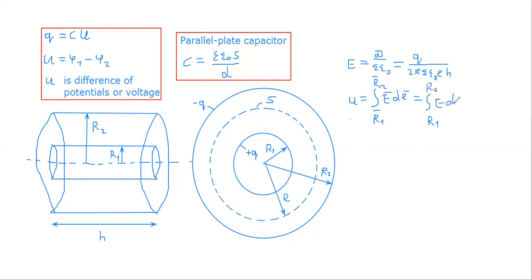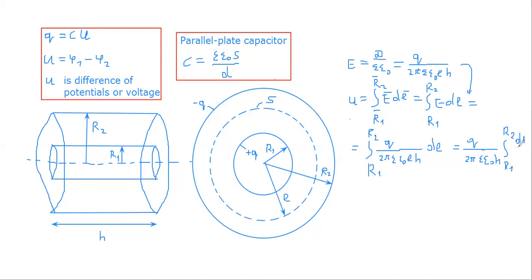It is equal to the integral from R1 to R2 of Q divided by 2π epsilon epsilon 0 LH dL, and it is equal to Q divided by 2π epsilon epsilon 0 H times the integral from R1 to R2 of dL divided by L.